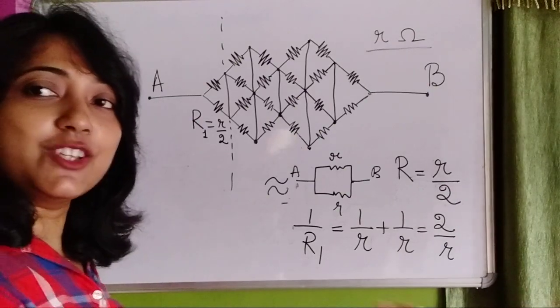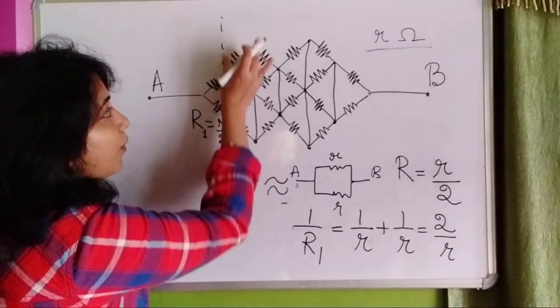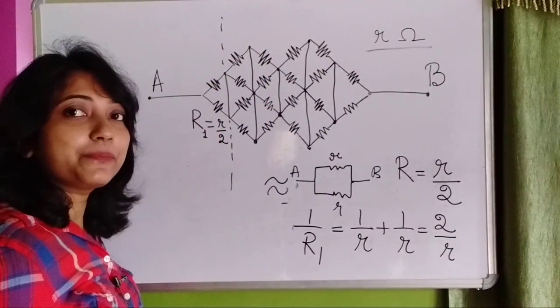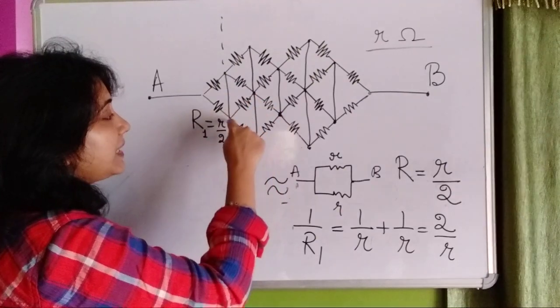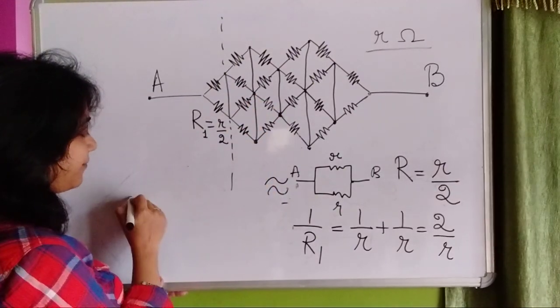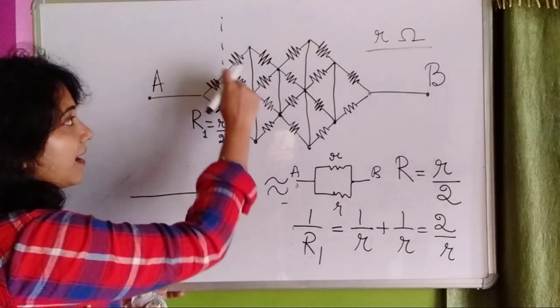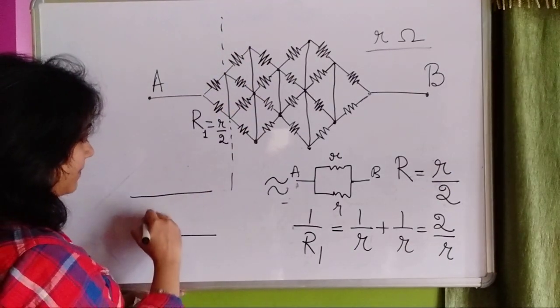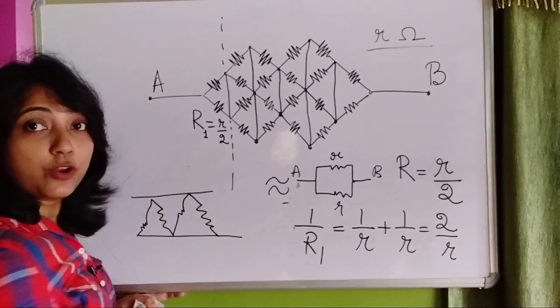Fine. Now let us move forward. Now look at the next part of the diagram. How many resistances do I have here? 1, 2, 3, 4. Now see, it is as if we have two wires, and across these two we have joined resistors something like this. I hope all of you can follow.